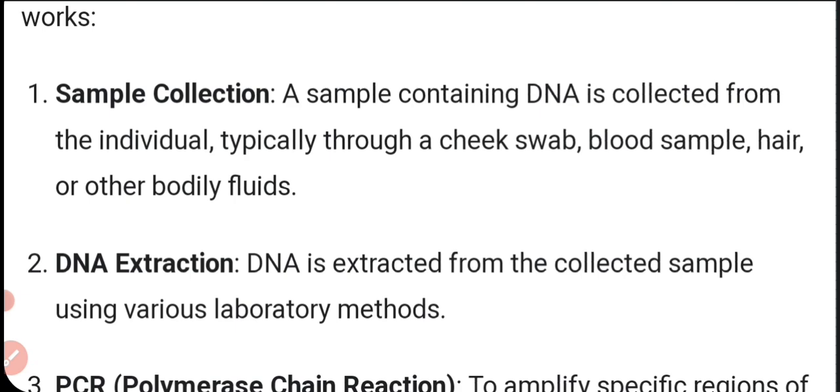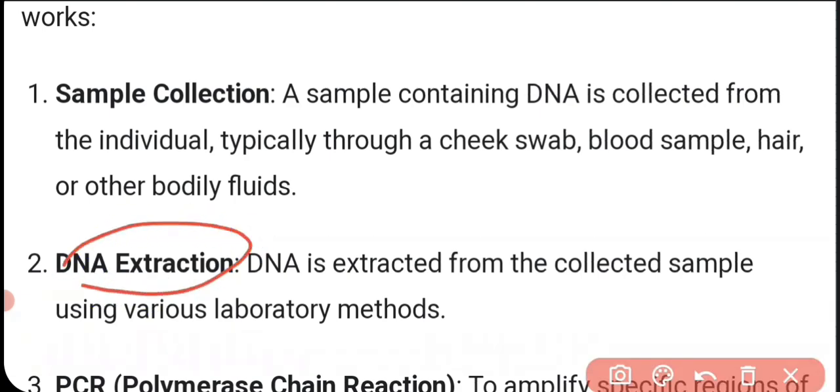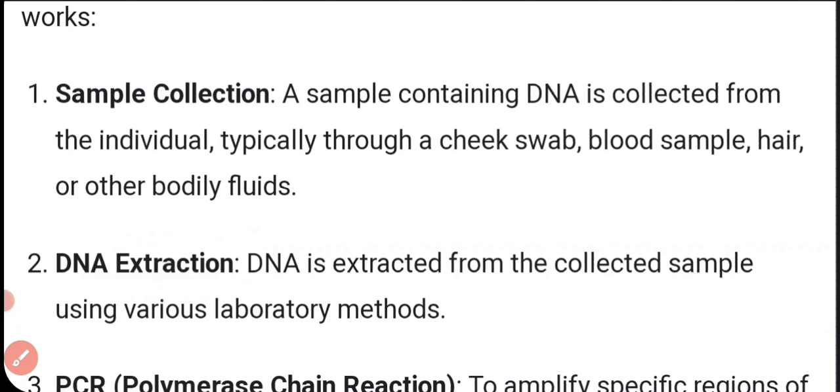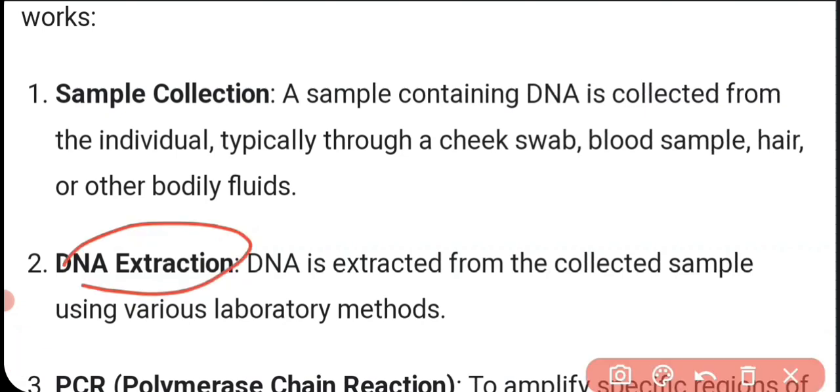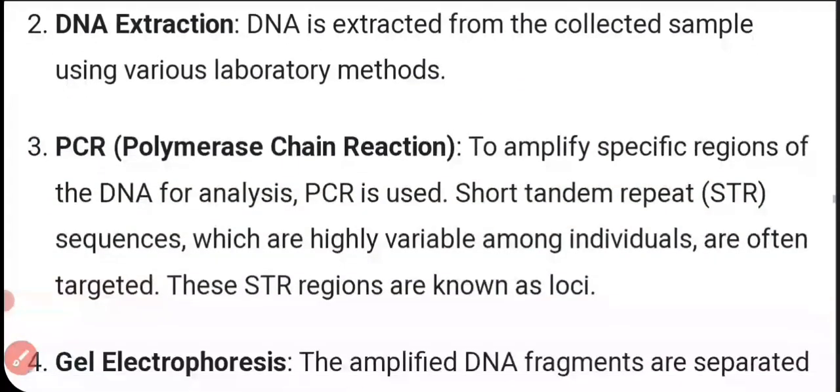Then what we do? The DNA extraction will happen. Different techniques are there for DNA extraction. Then PCR. What is PCR? PCR is nothing but increasing the patterns, meaning increasing the desired site of a DNA. See, all the DNA has some patterns.